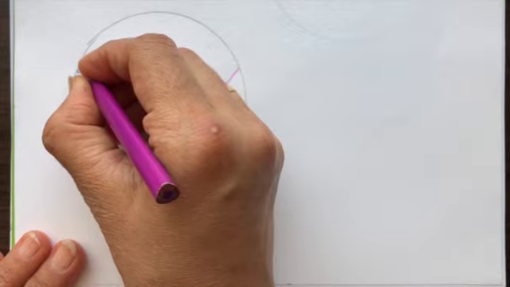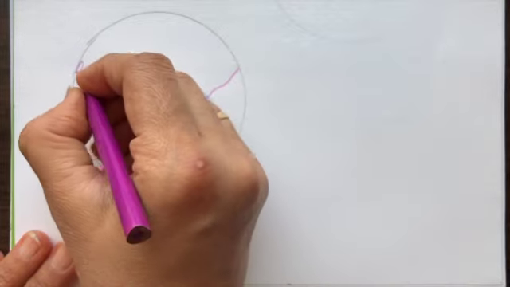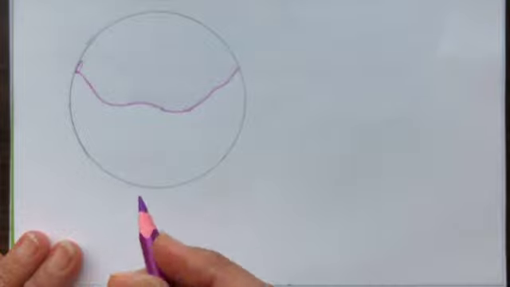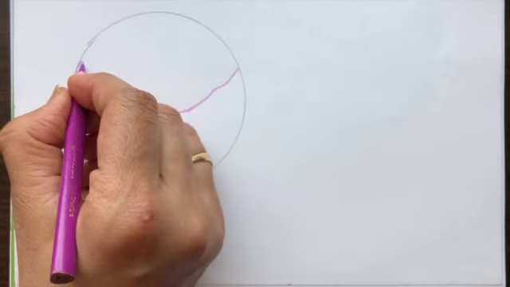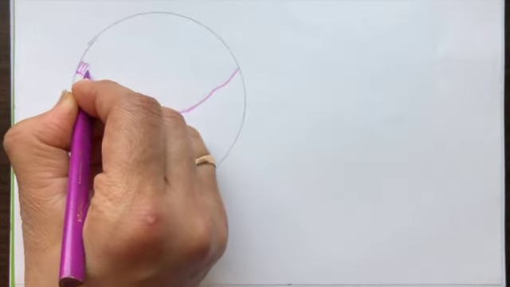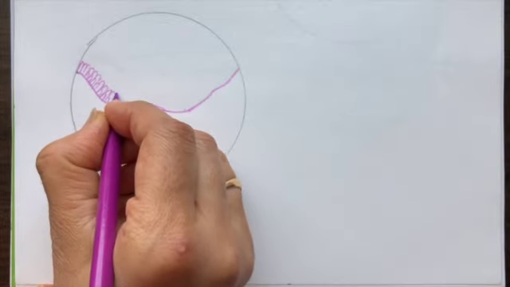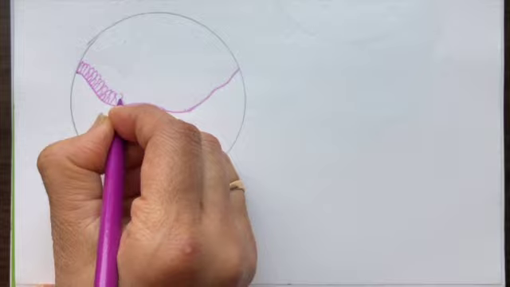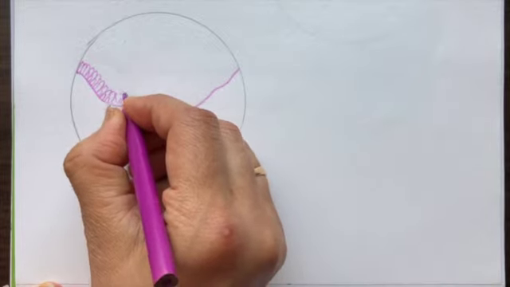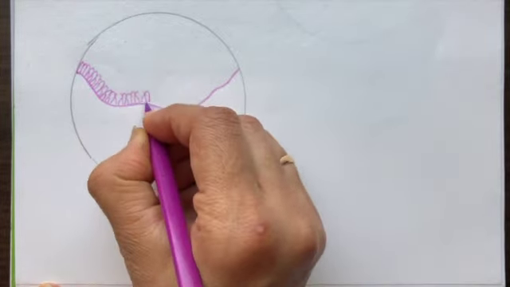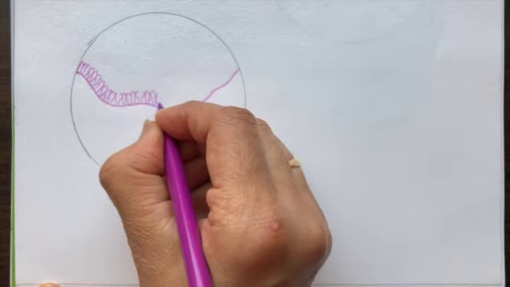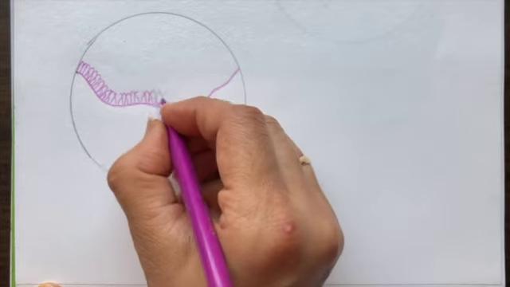So we draw the columnar epithelium, and in between we will be drawing a few basal cells, and a few goblet cells in between, and a few mucus cells.